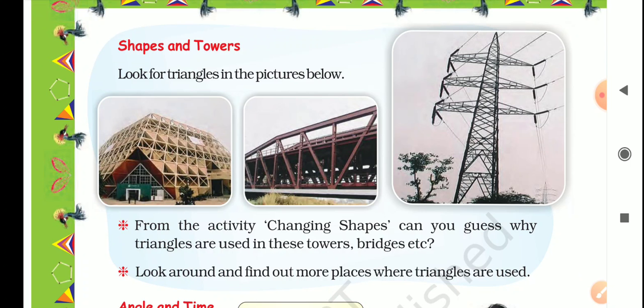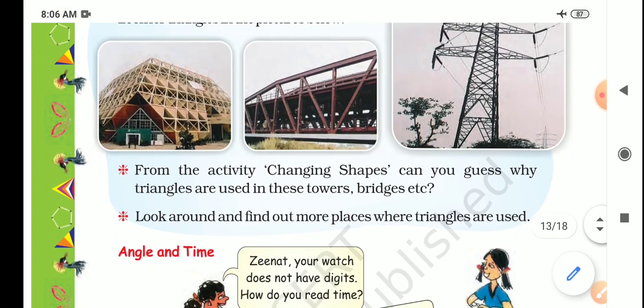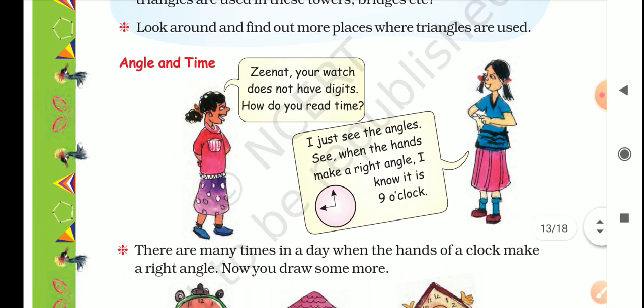As an example, you can write that triangles can be found in roofs, buildings, giant wheel, satellite, ladder, stadium, hall, electric poles, etc. You can note down wherever you have found this triangle shape. Then next, angles and time.